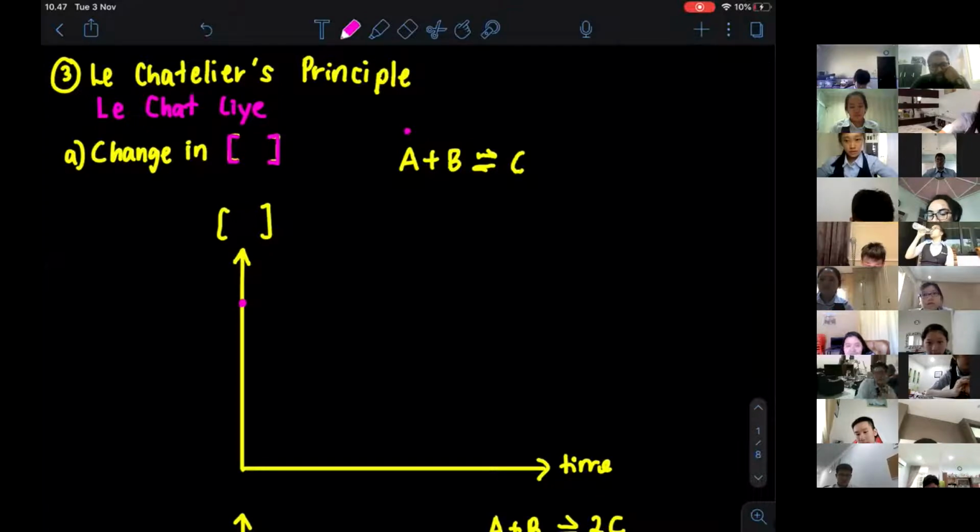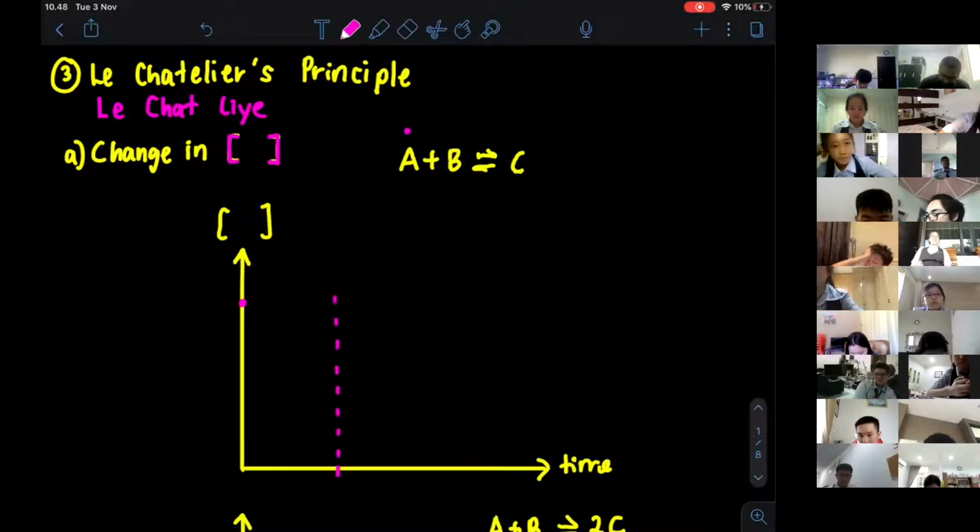So here, when you have this A at the beginning, when time equals 0, there is a concentration of A. And as time proceeds, the reaction will continue until they reach equilibrium. Let's say I take this time as the time where it reaches equilibrium. To make it easier to see, I'm going to put a dotted line. Assume that this is the time where they reach equilibrium.